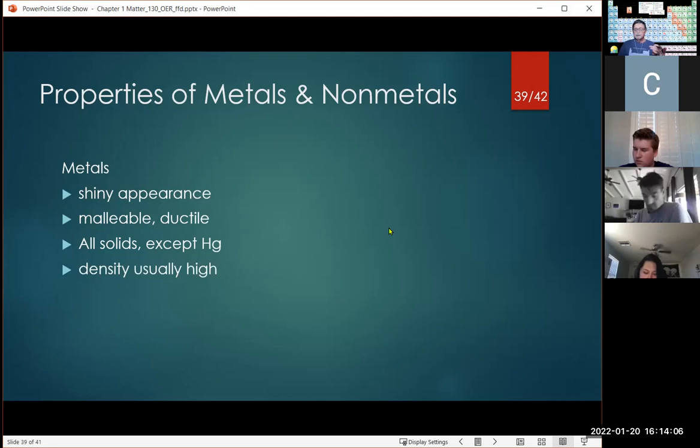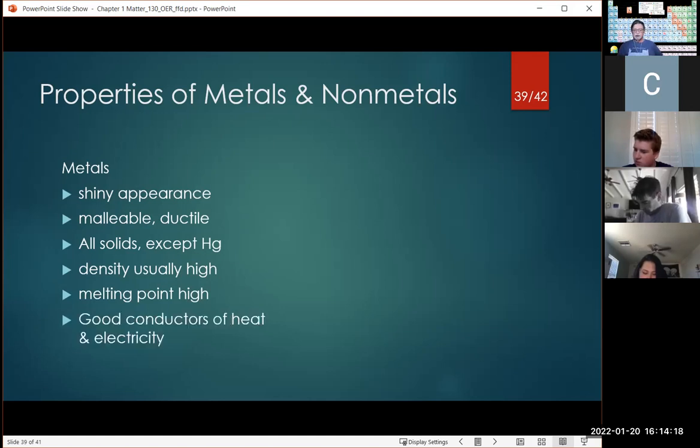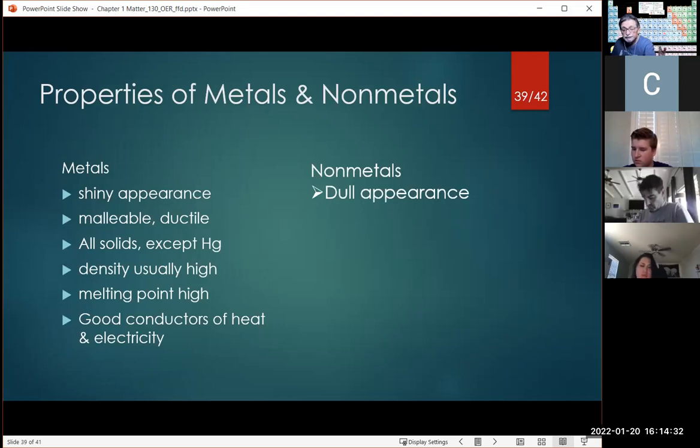Their density, remember that ratio, mass over volume? They tend to be unusually high. They have a very high melting point. It takes very high temperature to get those metals to melt. They're very good conductors of heat and electricity. Compared to non-metals, they generally have a dull appearance.